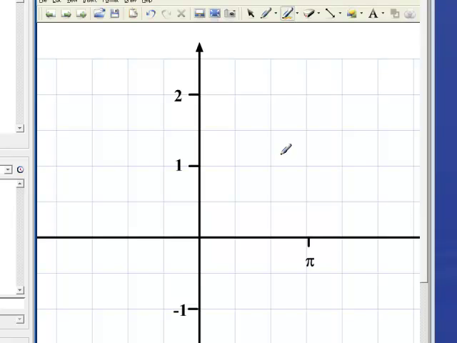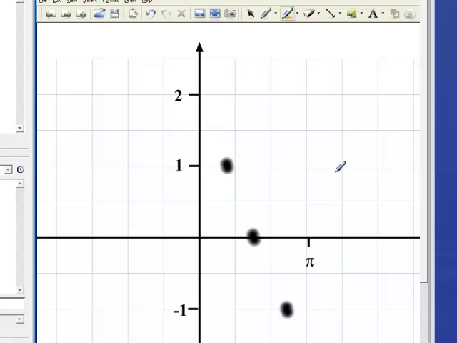So again, I'm going to start here. Cotangent is undefined at 0. Then it's 1 at pi over 4, so approximately here. Then it's 0 at pi over 2. Then it's negative 1 at 3 pi over 4, which is approximately here. Then again, it's undefined at pi itself. It's 1 at 5 pi over 4, which, calculating this on the side here, is almost 4.